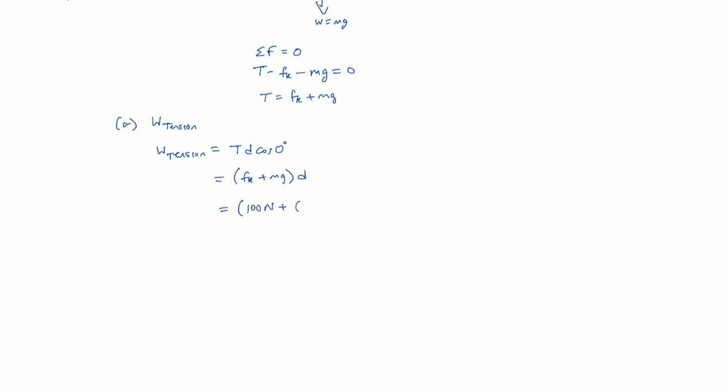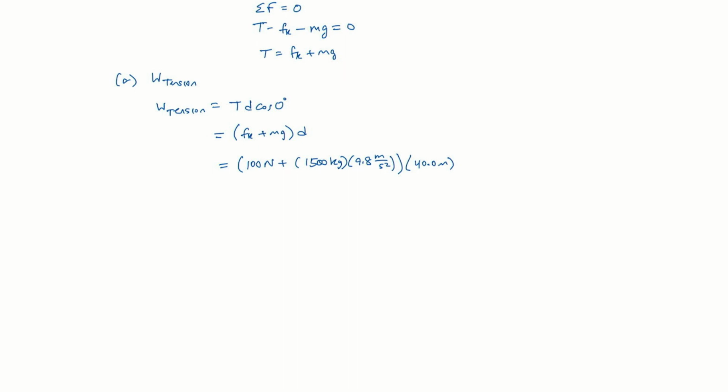The mass is 1,500 kilograms times 9.8 meters per second squared. And then we multiply by the displacement of 40 meters. This gives the work done by tension of 5.92 times 10 to the 5 joules.